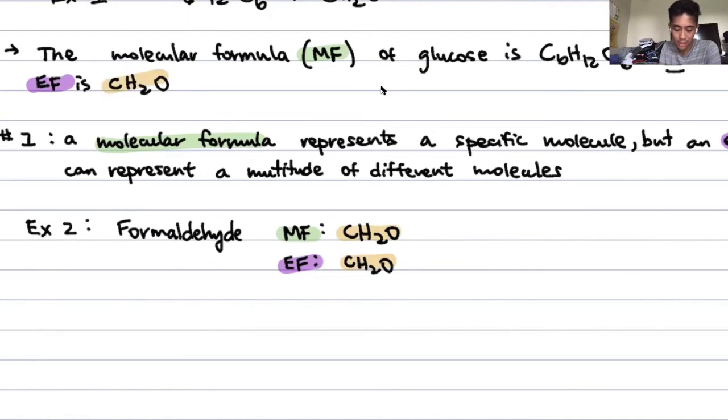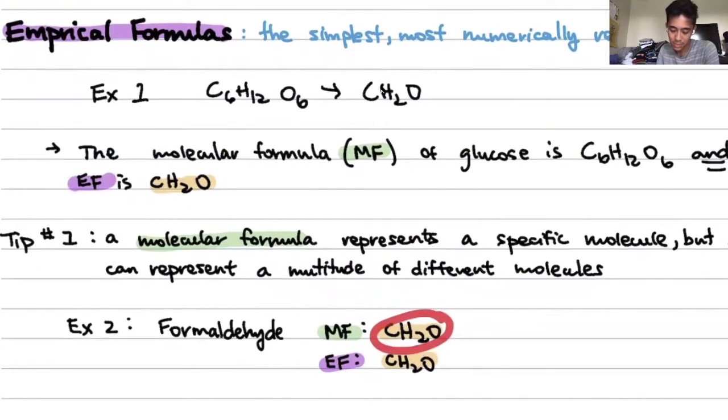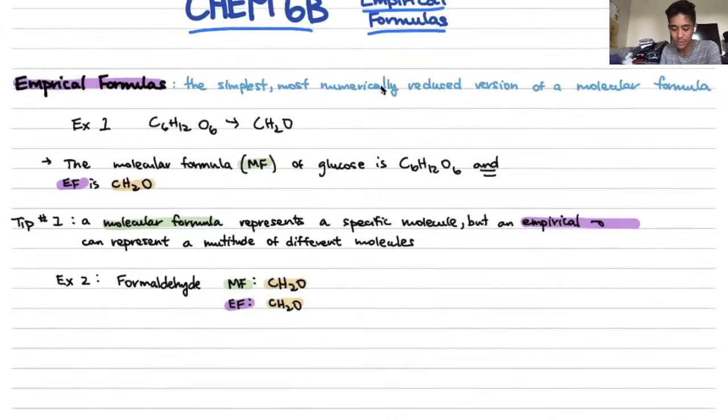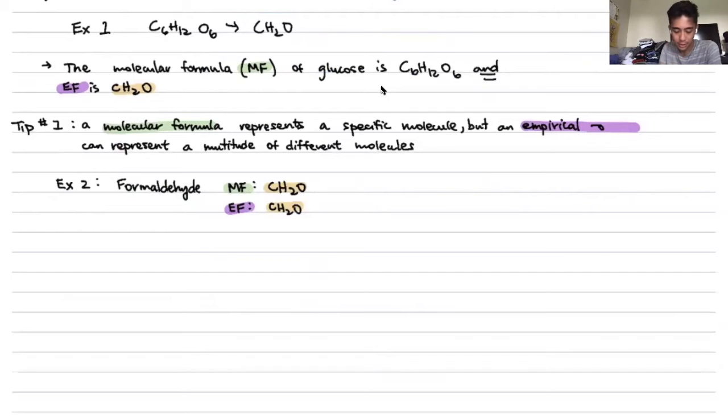Notice how formaldehyde and glucose have the same empirical formula, but they have different molecular formulas. The molecular formula for formaldehyde is CH2O, but the molecular formula of glucose is C6H12O6. Hopefully that's making a little more sense. Cool.